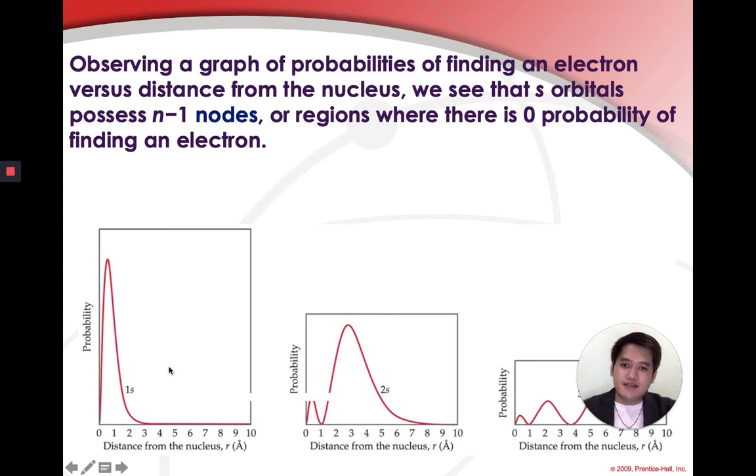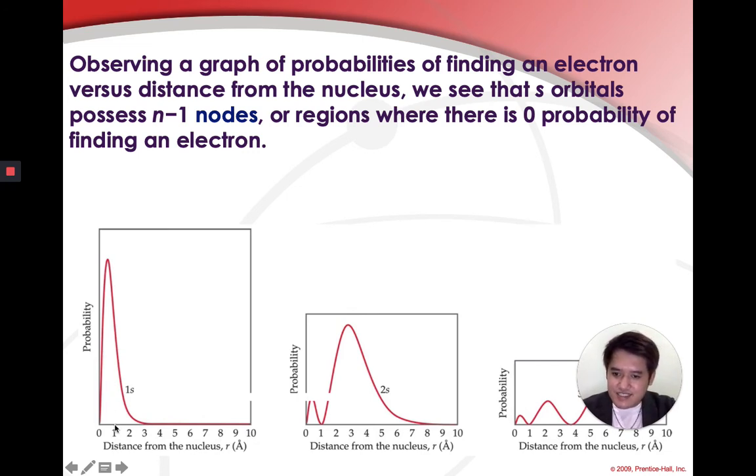Observing a graph of probabilities of finding an electron versus the distance from the nucleus, we see that s orbitals possess n minus 1 nodes, or regions where there is zero probability of finding an electron. For example, in the first graph, there is a distance from the nucleus where the probability is highest. You look at the x-axis and the y-axis.